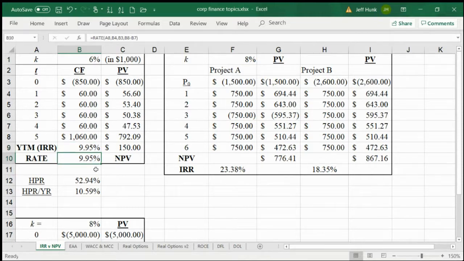Now there's a way we can verify that, simply by using the rate command. We can also confirm the same thing.